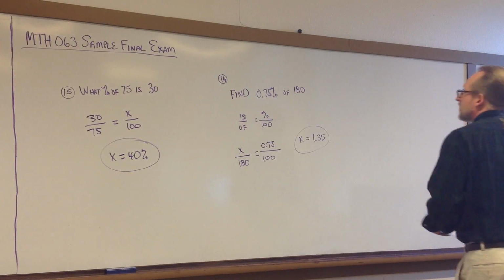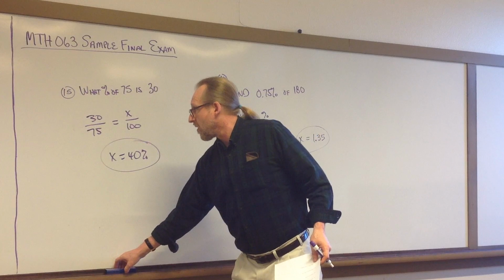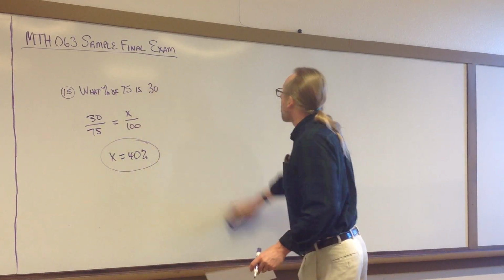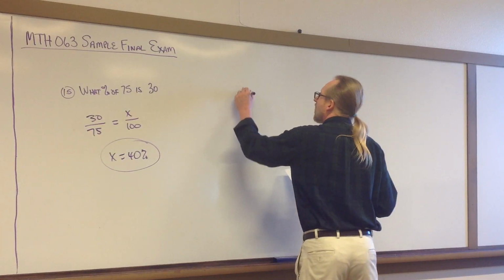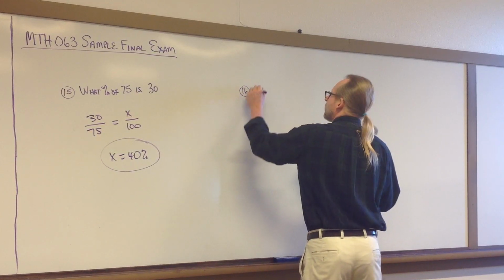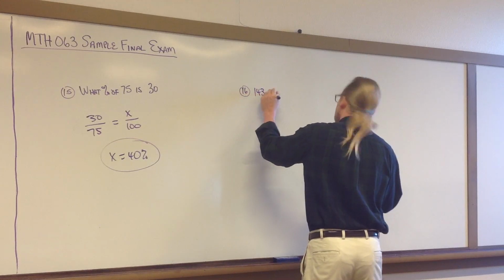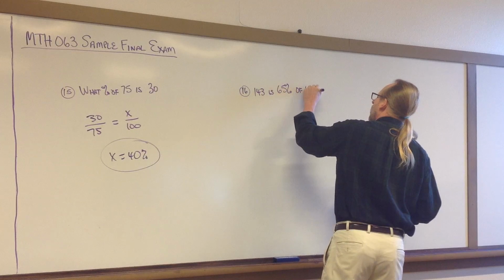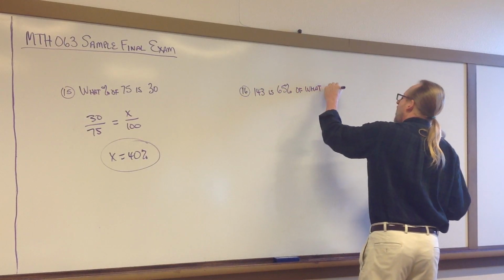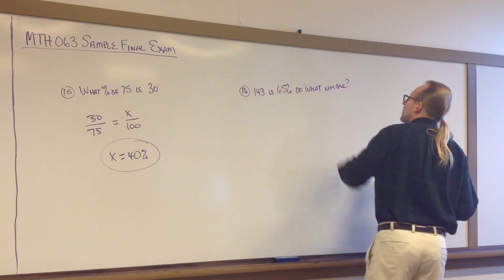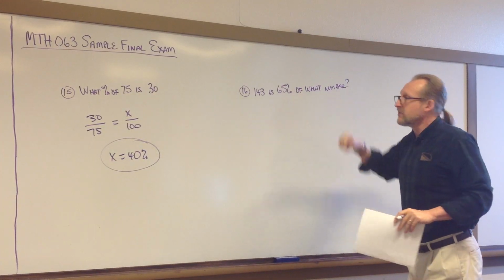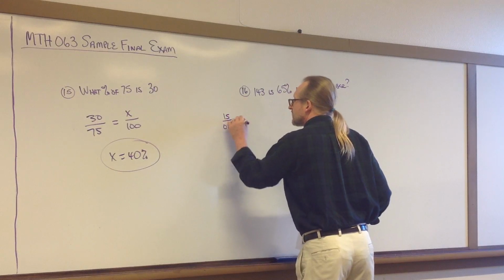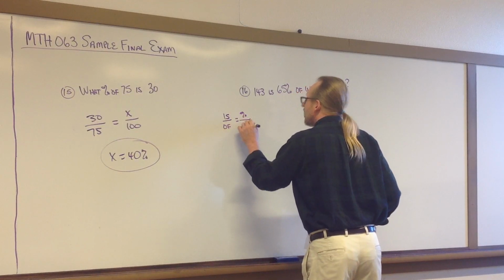Okay, problem 16. $143 is 65% of what number? Okay. So, of what number? So the of is going to be our x in this case. I'll write this down again since I erased it.